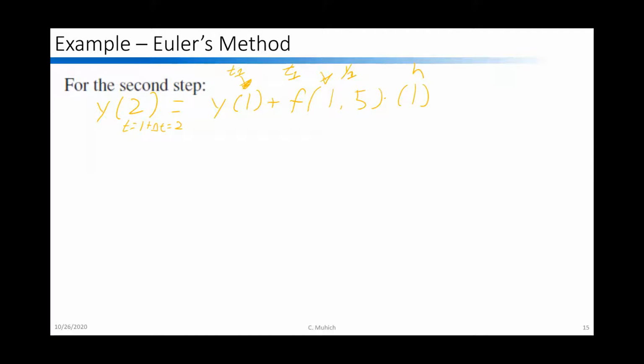Okay, so we can plug all of this in here, and so my previous y was 5 plus my f value, so this is just that differential equation that we were given, so 4 times e to the 0.8 times 1, so that's my t, minus 0.5 times y, that previous y was 5, that plugs in here, times my time step, so my h, which is 1, and I can do all of these out and I get 11.40216.